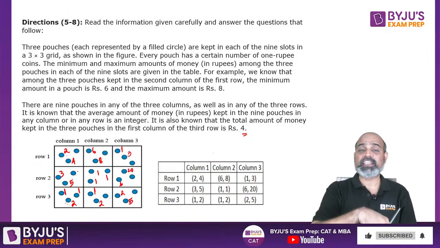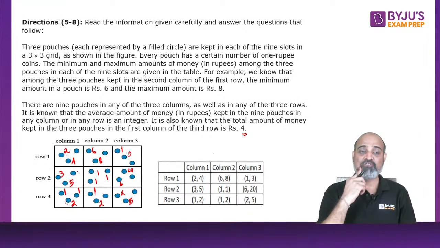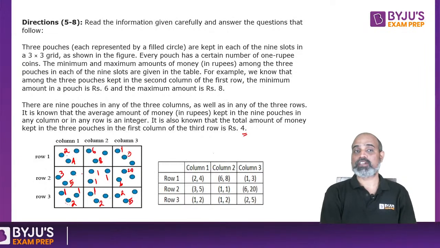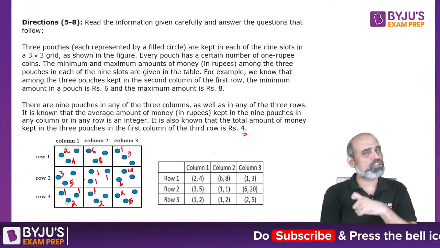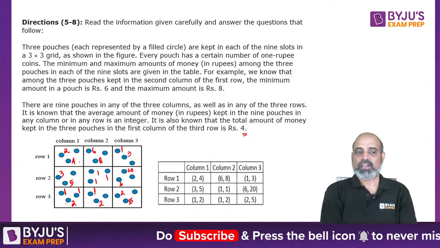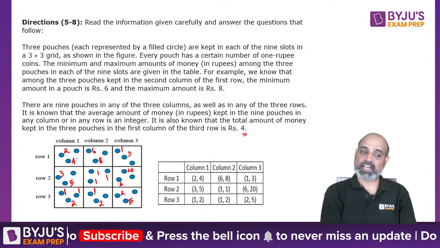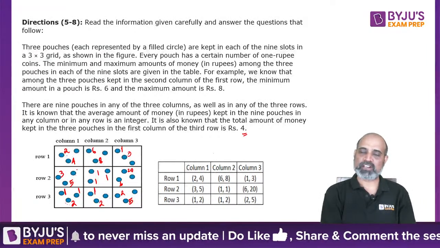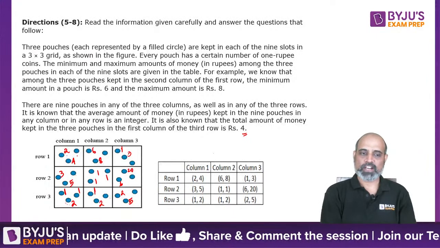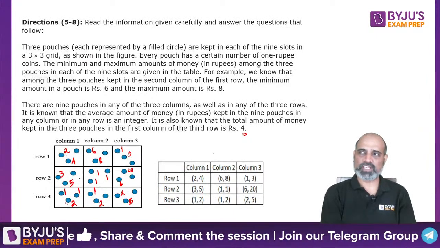This is already in the table of 9. If I want the other 2 pouches to take up some values so that the total is in the table of 9, their sum should also be in the table of 9. How about we take 2 here and 5 here? 7 will be the sum. What about I take 3 and 3 or 3 and 5?